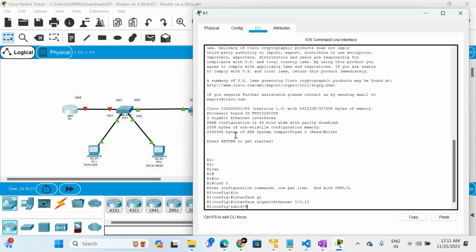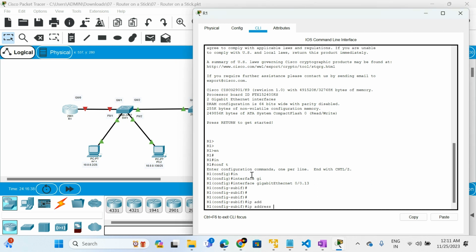I want an IP address assigned for this because it is an L3 interface, so I'm putting in a mapping like 10.0.0.1 with mask 255.255.255.128.